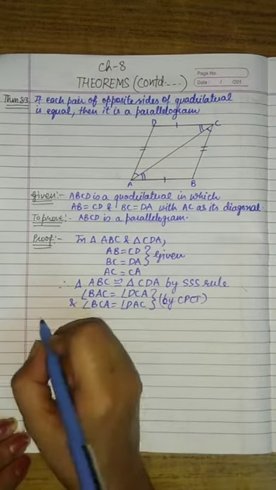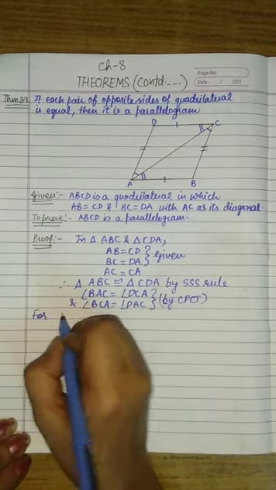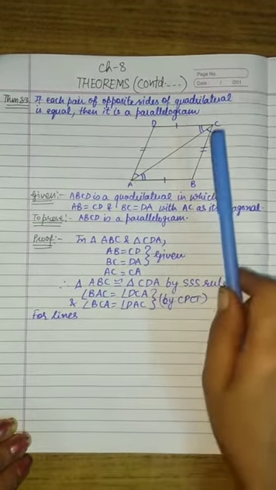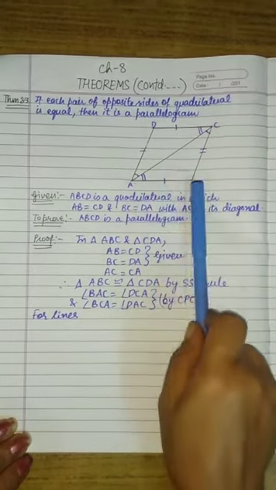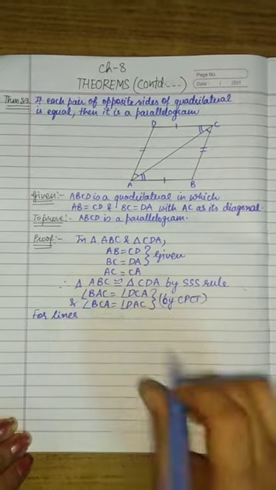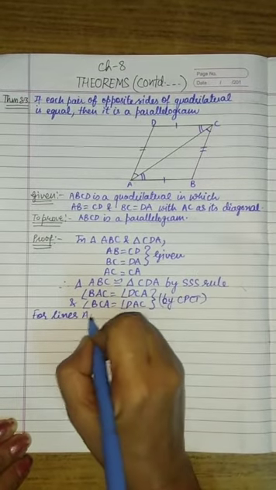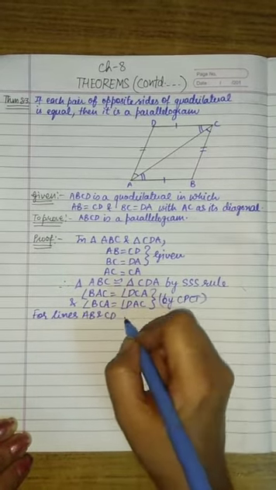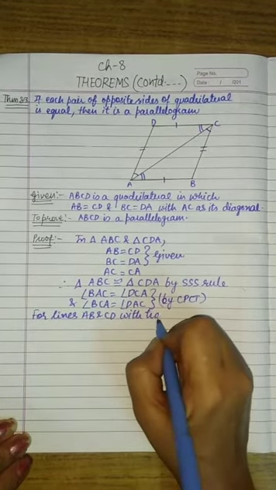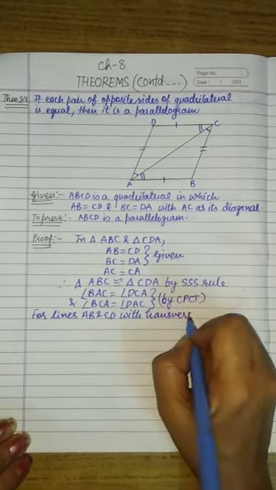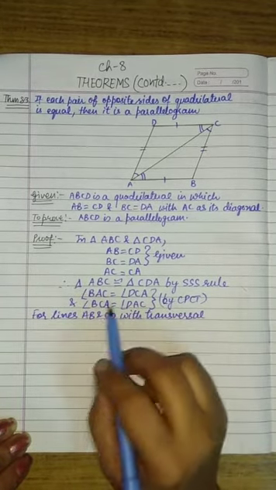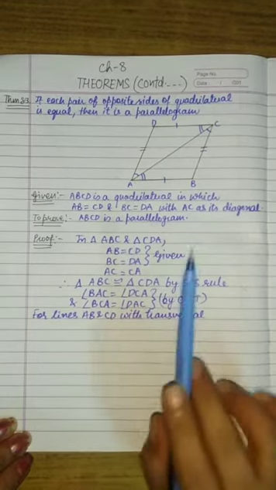Now we have to prove that this quadrilateral ABCD is a parallelogram.